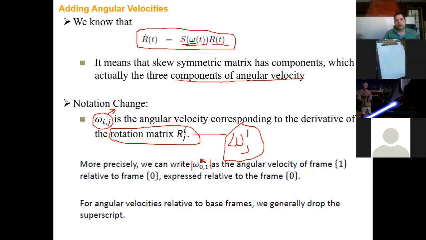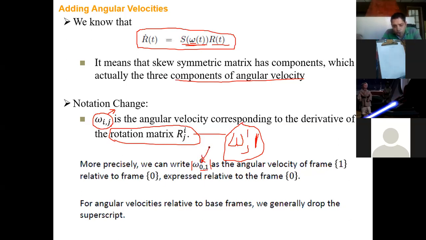Obviously you understand the 0 and 1 here: this is angular velocity of j frame with respect to I frame. And what does this k represent?